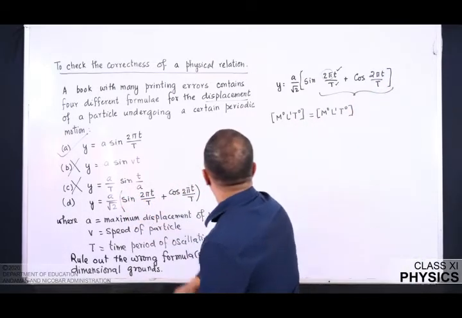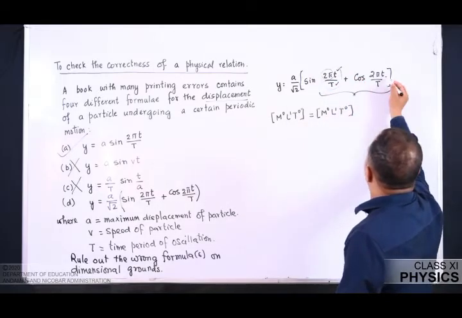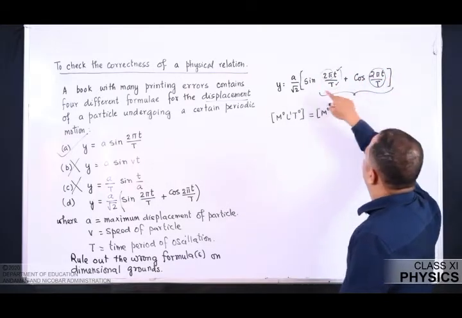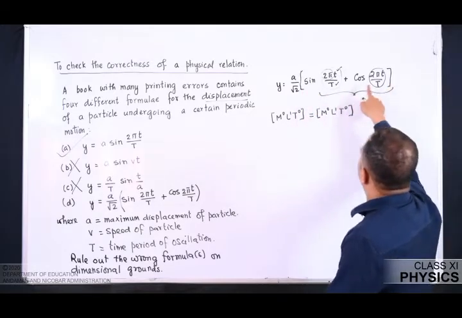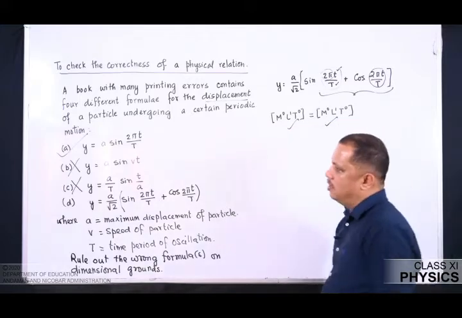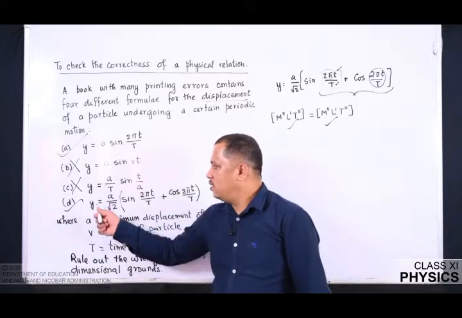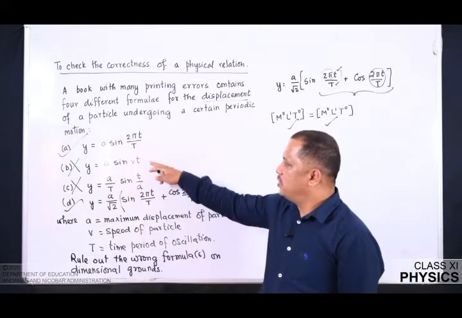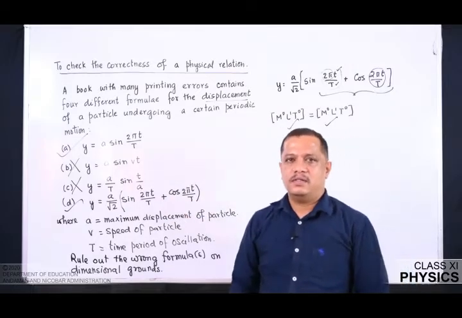So this is a dimensionless quantity, and this is also dimensionless. So the trigonometric ratios within the bracket have no dimension. Therefore these two dimensions are equal. I would say that the D part is correct, so dimensionally correct. So these two are ruled out, and these two are dimensionally correct and are acceptable.